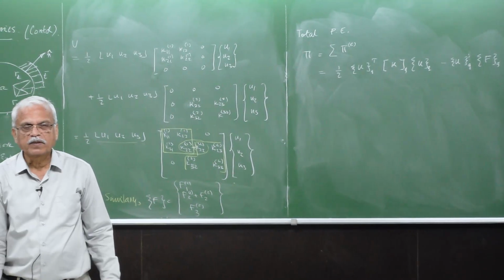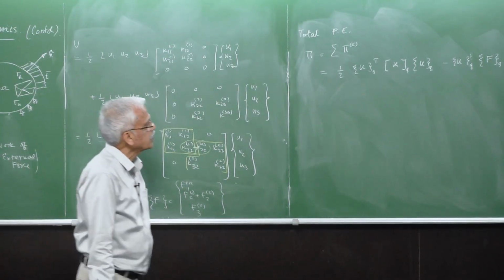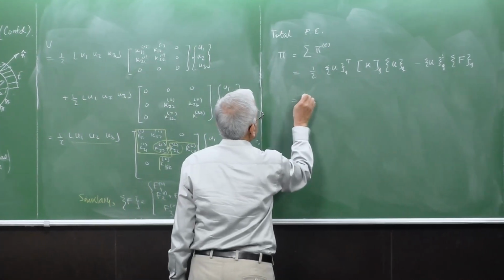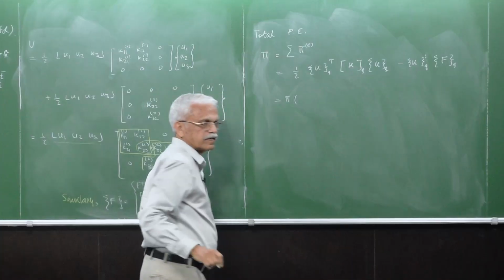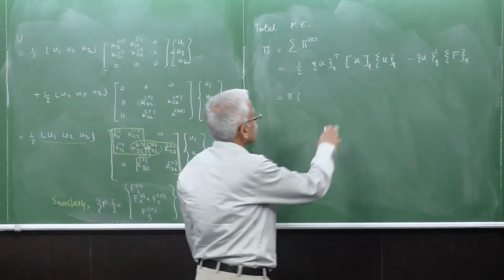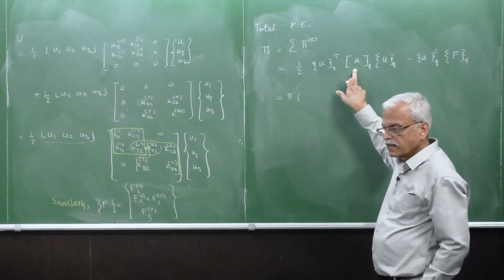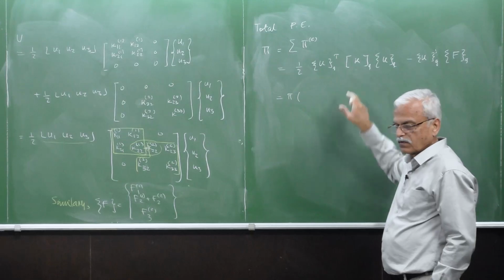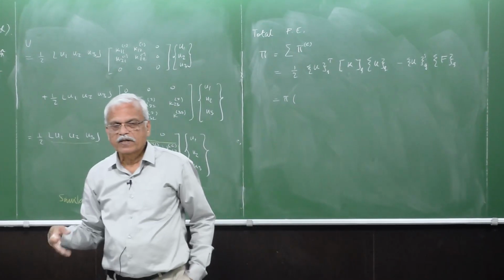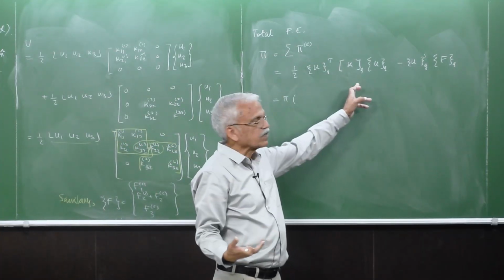Now comes the minimum potential energy principle. What is the minimum potential energy principle? Here you can see this phi is a global potential energy, a function of what? The stiffness matrix Kg here is a constant. Given a system, geometry, material and all that, Ke is constant and Kg also will be constant.